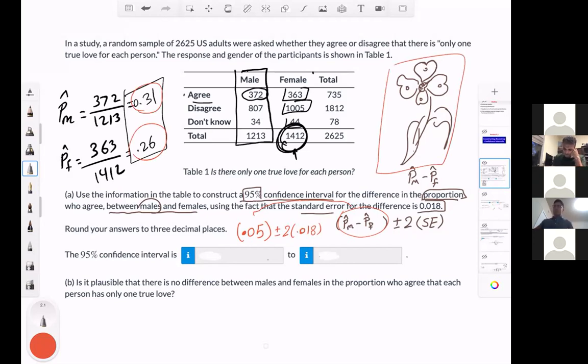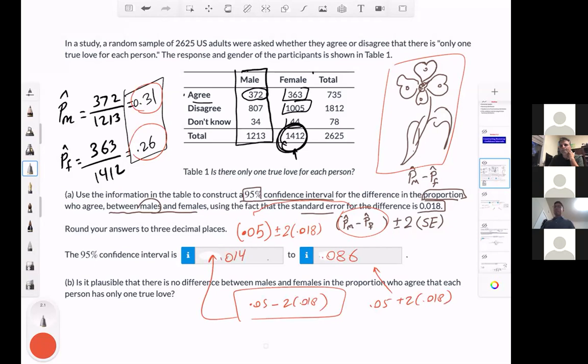So now when you do that calculation, it will be 0.05 minus 2 times 0.018, which goes here, and 0.05 plus 2 times 0.018 goes there. I think it will be 0.014 and 0.086.